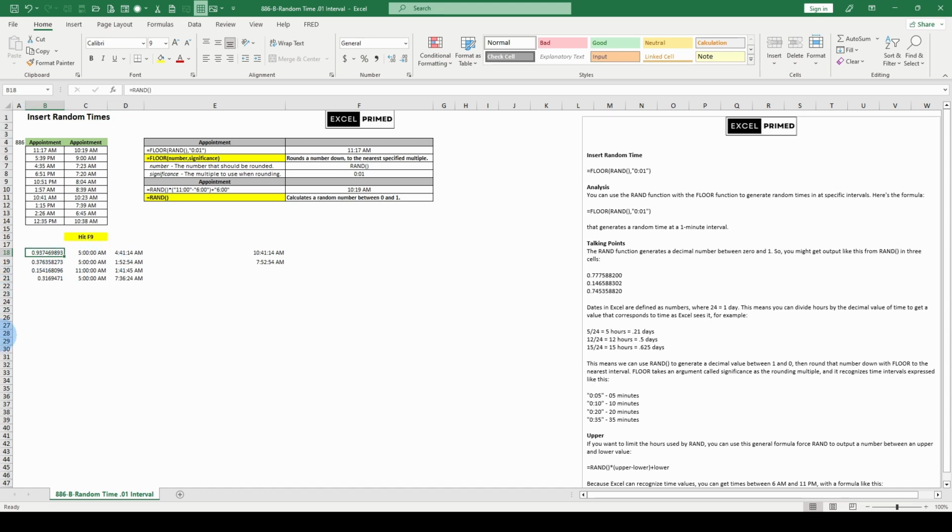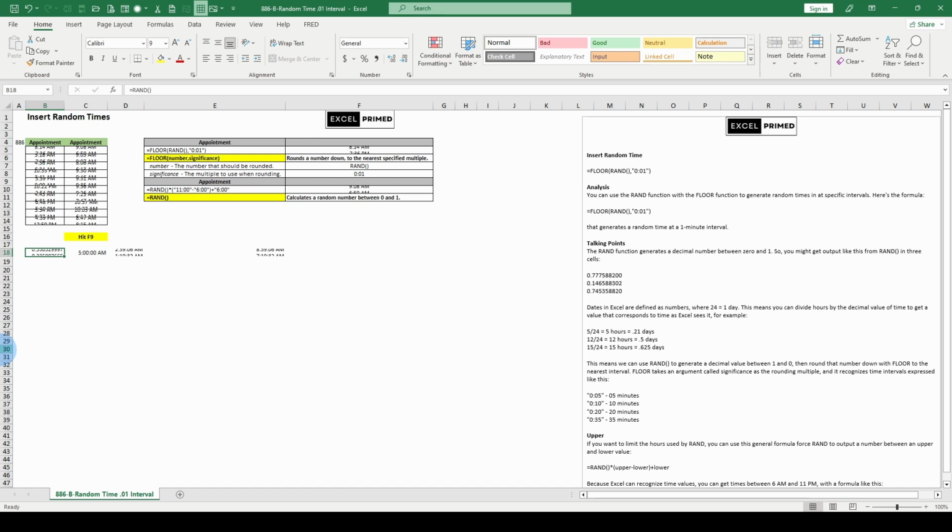So let's hit F9 and see if we can get close to 0. Keep going. Okay, here's 0.04. See, it's 12:57 a.m. That's close to 0, right? Why don't we just keep doing this?